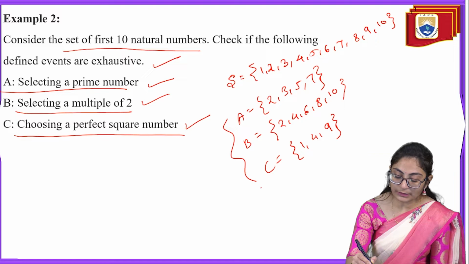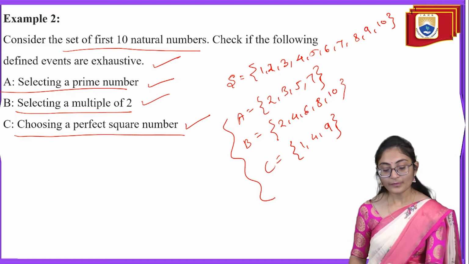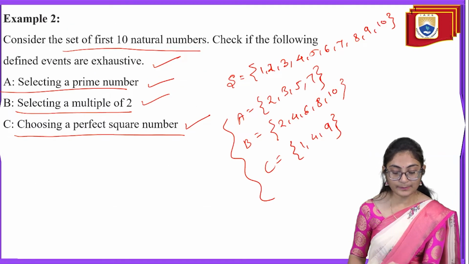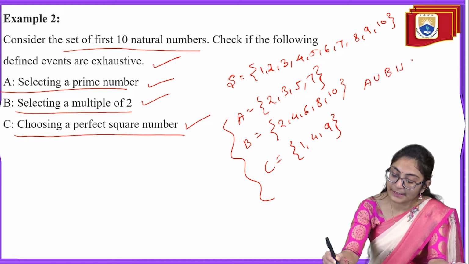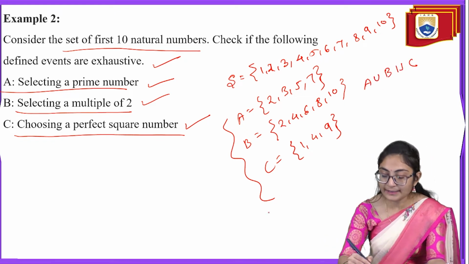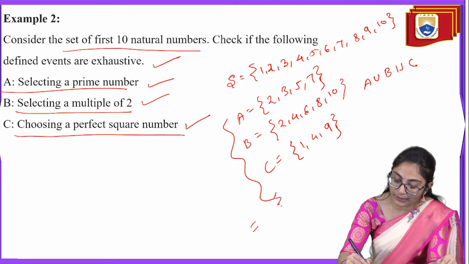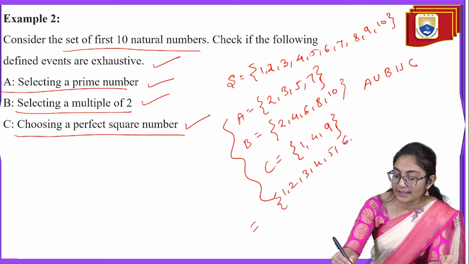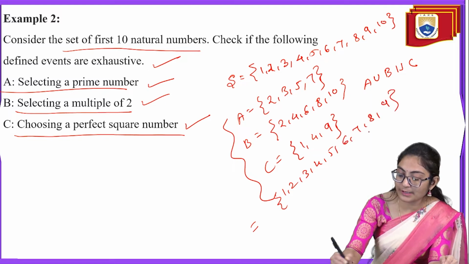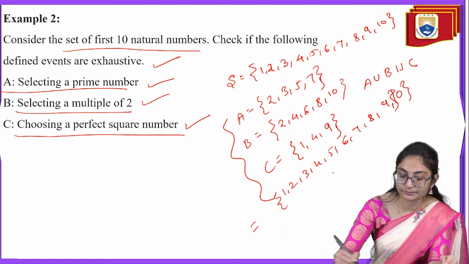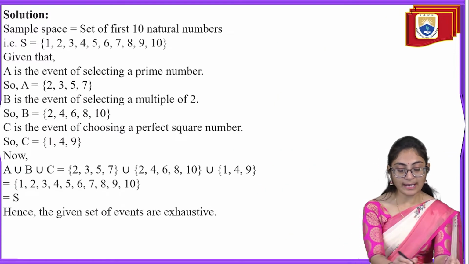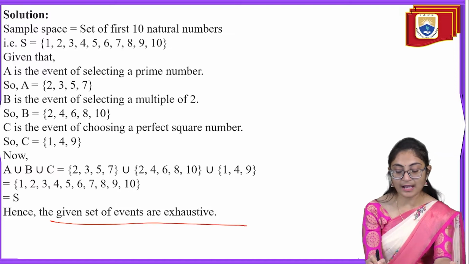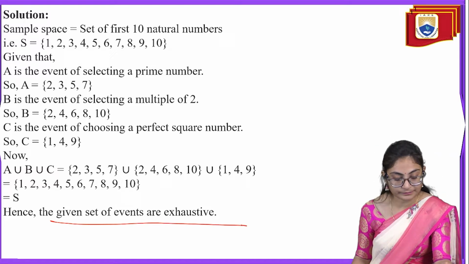Now you have the 3 events. So after solving this, you have to take the union of A, B, C events, and now you will get all the values equal to your S. That means we can say that your A, B, C events are exhaustive events.